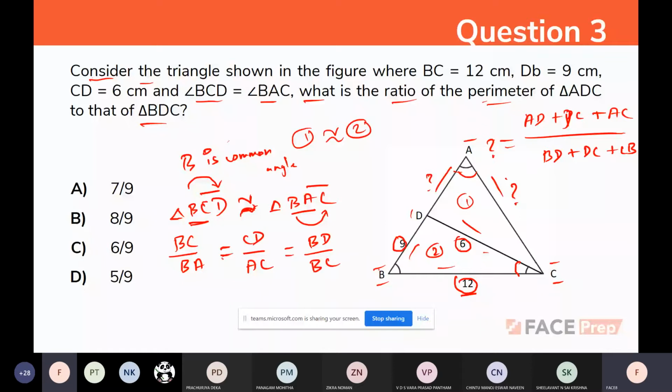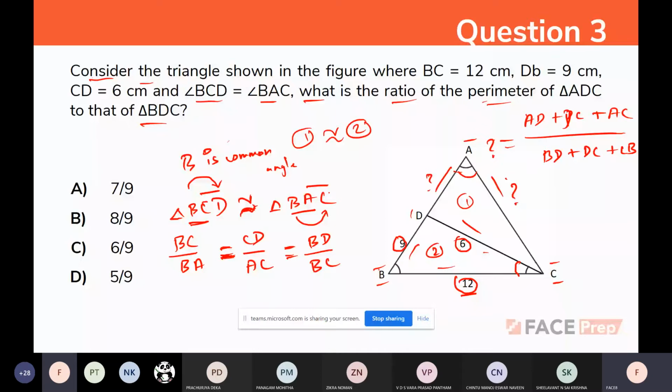Any doubt so far in this question? If no doubts, we can move further to the solving part. The solving part is very easy if you understand this. Now we need to apply all the known values.